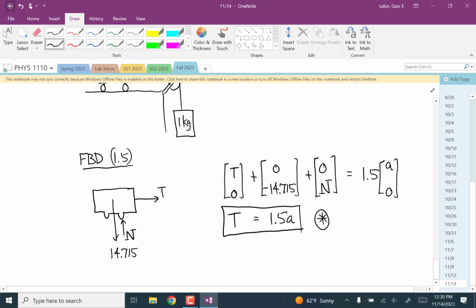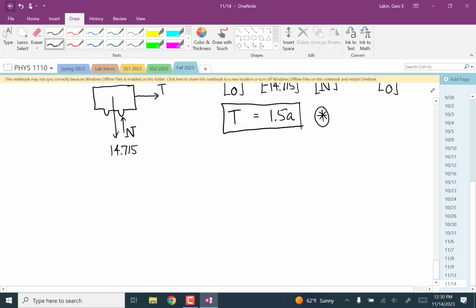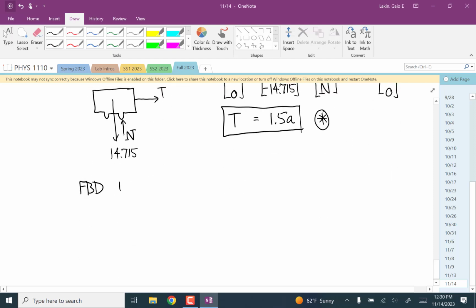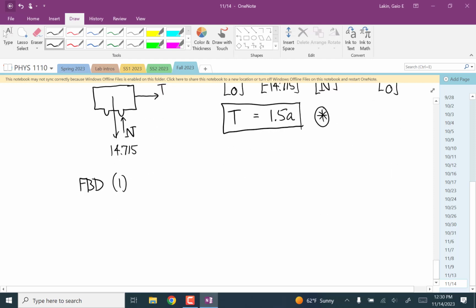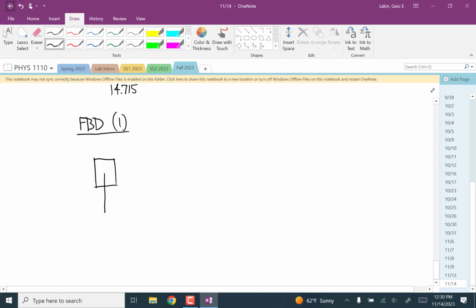So now we have to go to the next body. The weight force is 1 times 9.81.